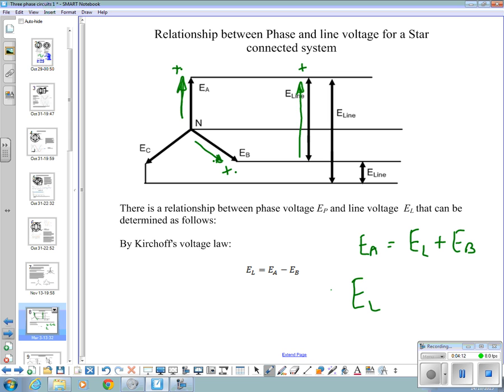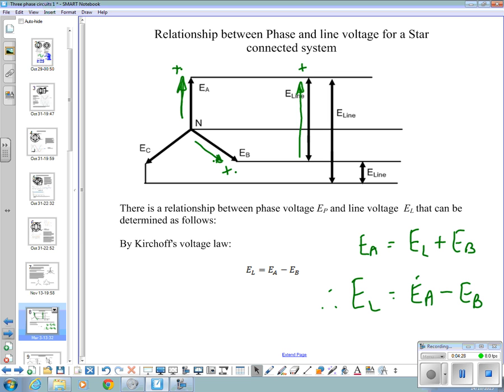Therefore, EL is equal to EA minus EB. You all agree with that so far?